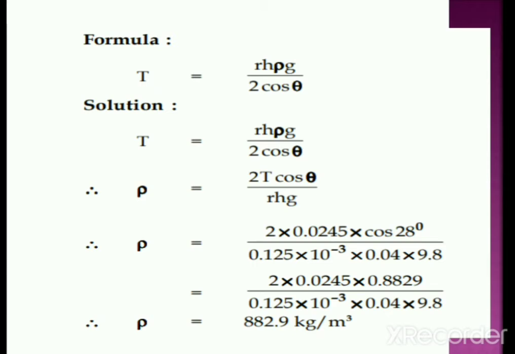By calculating the results, we get rho, that is density of paraffin oil, is equal to 882.9 kg per meter cube. In this way we can find the density by using the formula of surface tension.